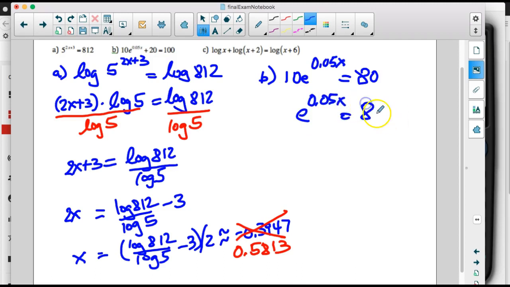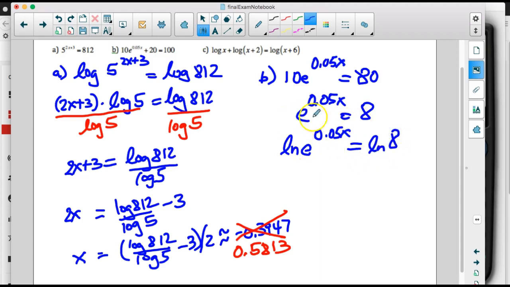So this is 8. So now over here I did log on both sides. Well, this is a special exponential function, so I'm not going to use log on this one. I'm going to use ln, because that's a logarithm too, but it's for base e, it's the inverse. So if I use ln on this, we can simplify it very quickly.